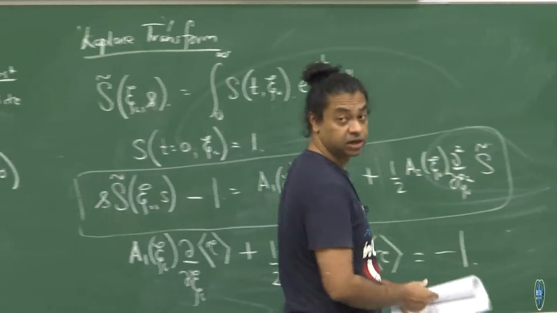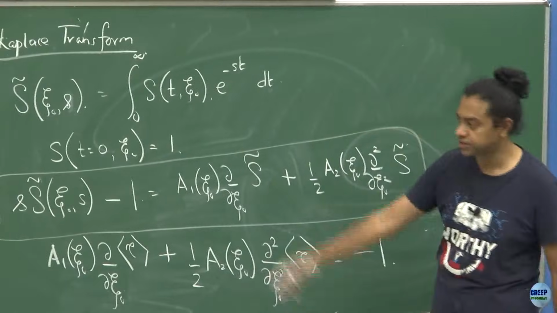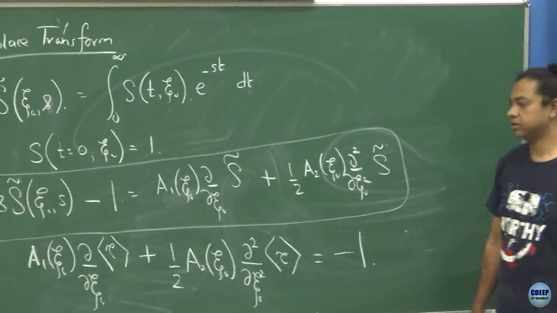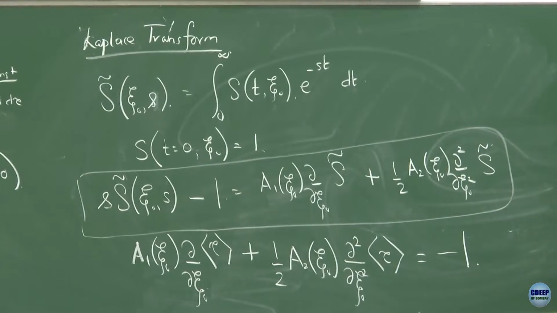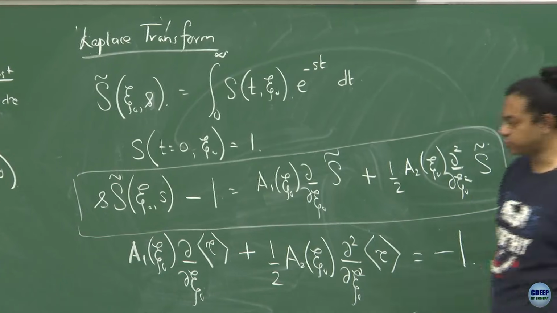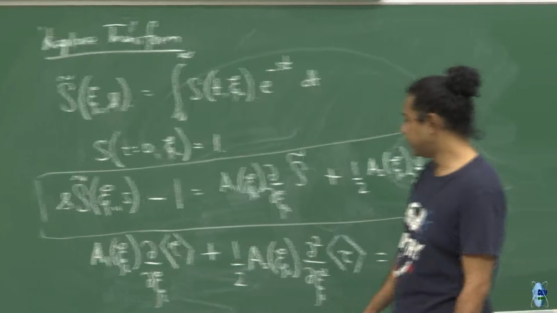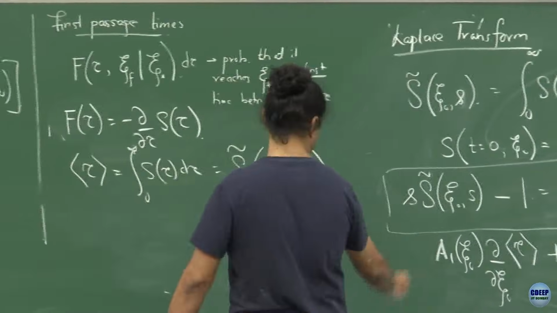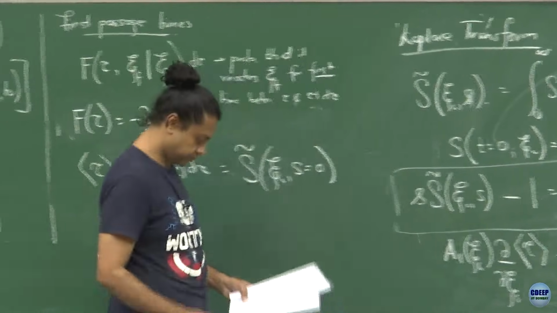So for a standard unbiased diffusive process, we recover what we had gotten from this recursive way of deriving for the random walk. But for any general process, if you can calculate the jump moments a1 and a2, then this is the equation obeyed by the mean first passage time.